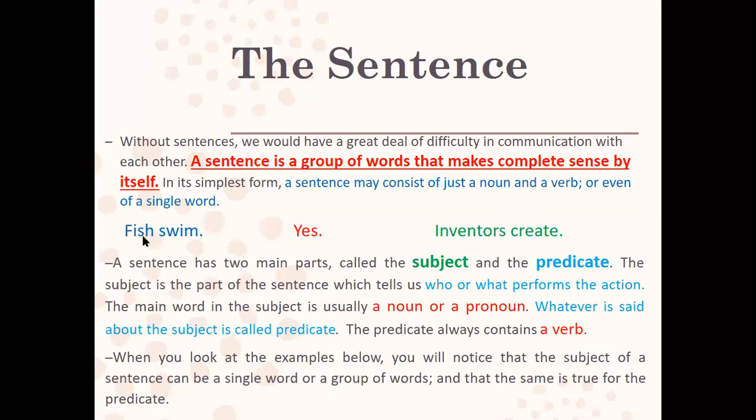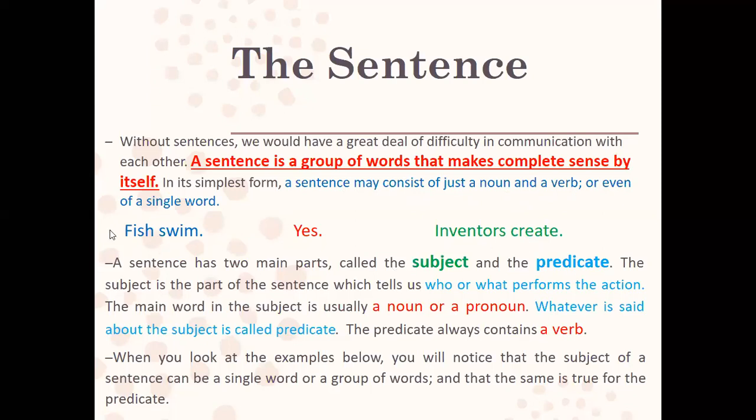The first sentence in blue: fish swim. Fish is the noun, swim is the verb. One noun and one verb. Yes, it is a complete sentence. Inventors create. Inventors is the subject, which is a noun. Create is the verb.